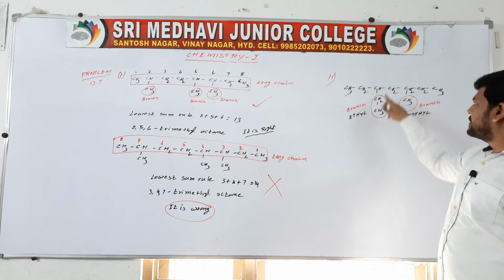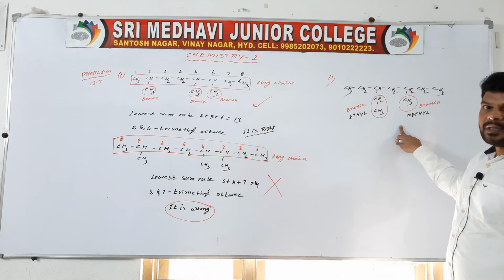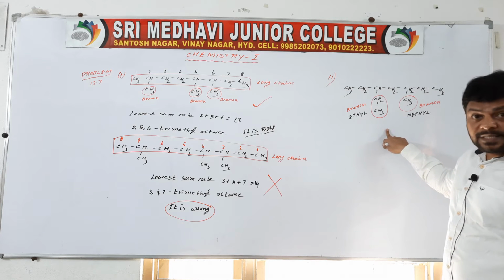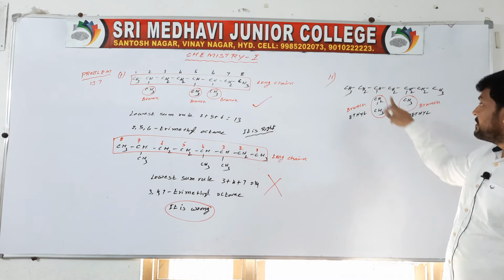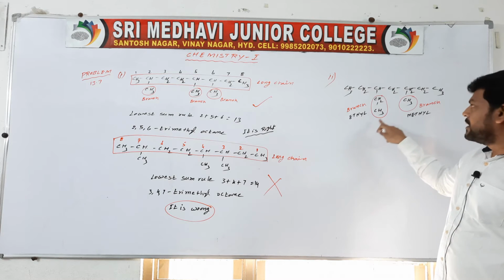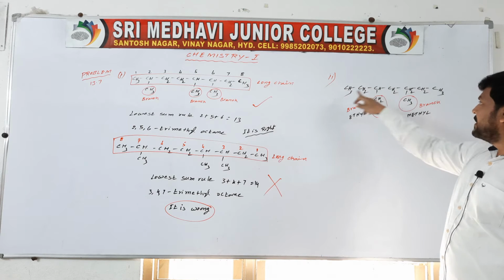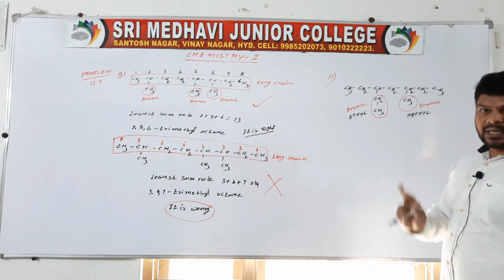The third carbon contains the ethyl group and, from the other side, the third carbon contains the methyl group. If you face this situation, you have to give numbering from this side. Why? Because these two are different alkyl groups, and in alphabetical order ethyl comes first. So numbering left to right is right.